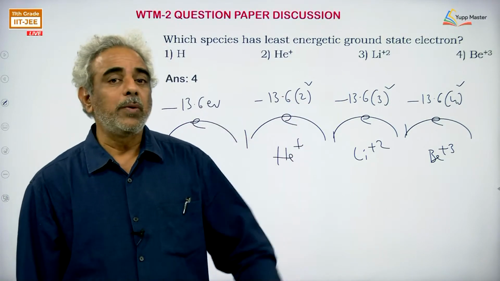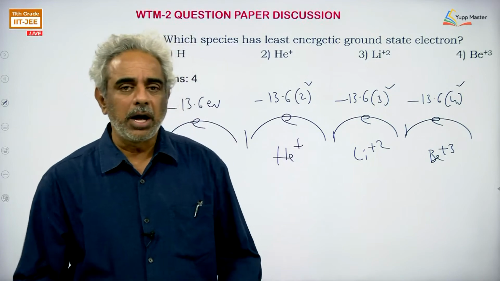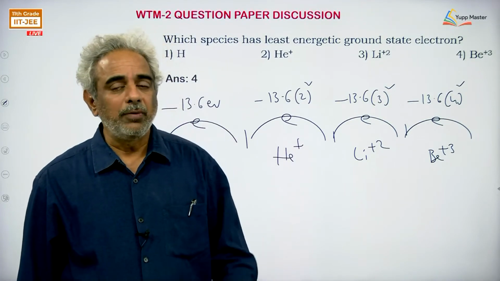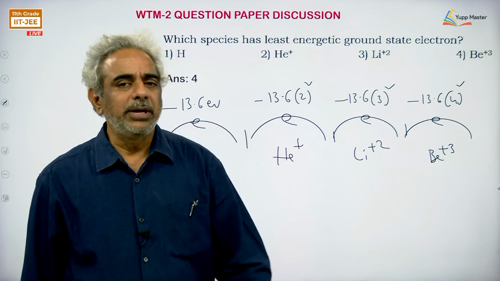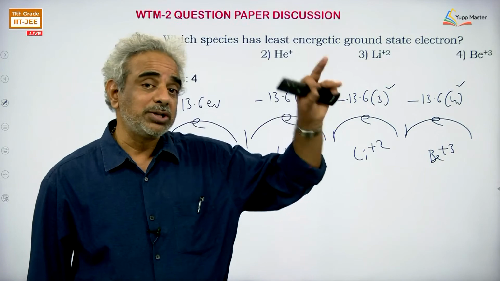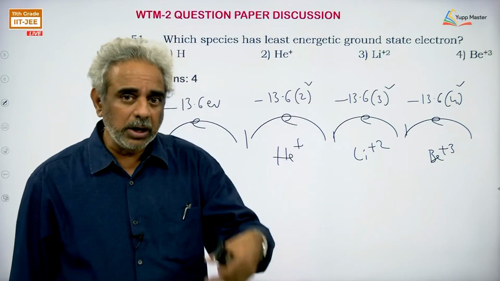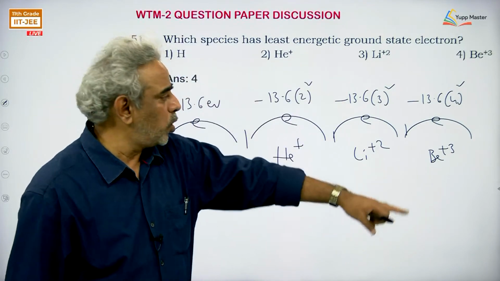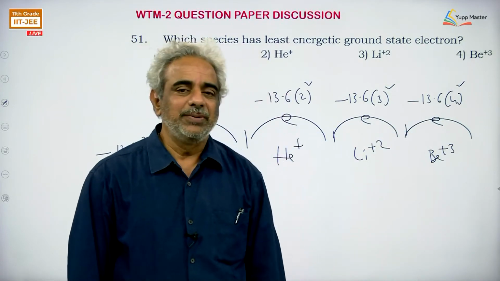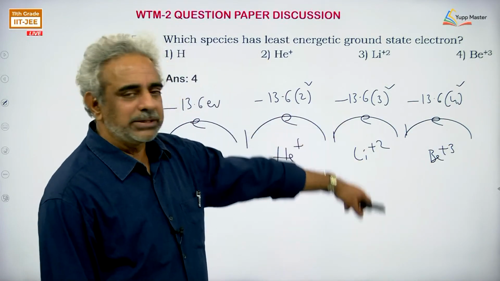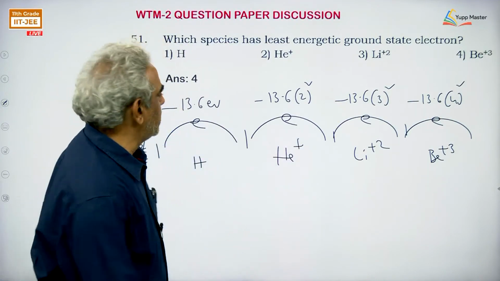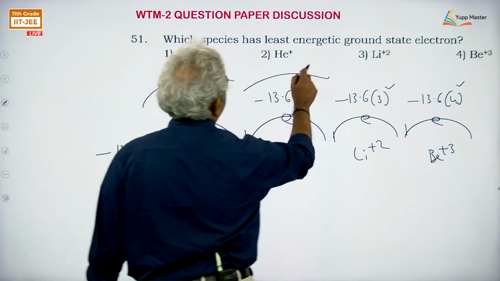So a more negative value means it is more attracted. The more the electron is attracted, the more negative the value and the lower the energy of that electron. Because it has lost energy from 0 and, entering into the nuclear influence, loses more energy to form this state. So this has the least energy. Most minus, so least energy. In the infinite state, everybody will have 0.